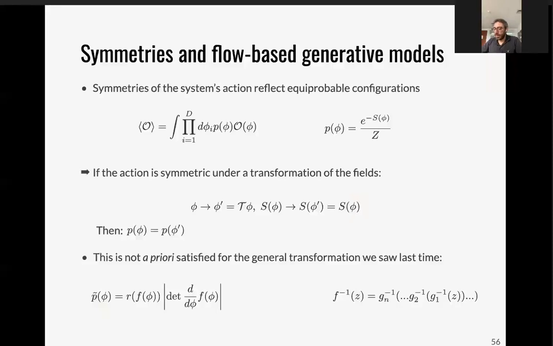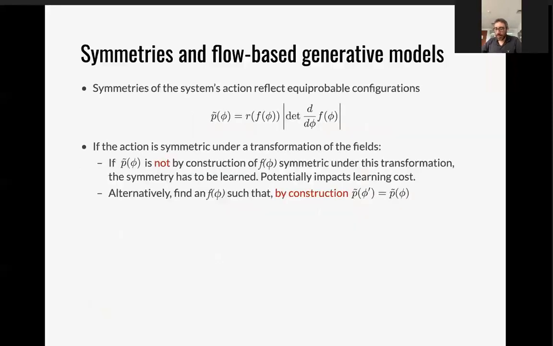So if the action is symmetric under one of these transformations of the fields, and the P tilde that we're trying to train on, which involves these functions F which have the neural networks, is not by construction symmetric, then this symmetry has to be learned within the iterations of the neural network, right?